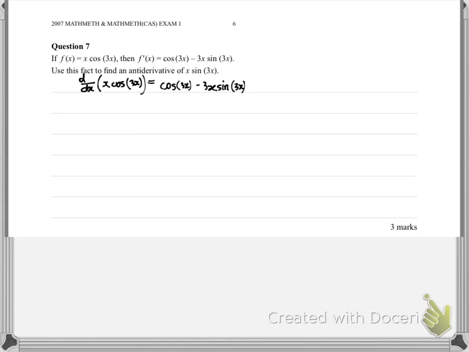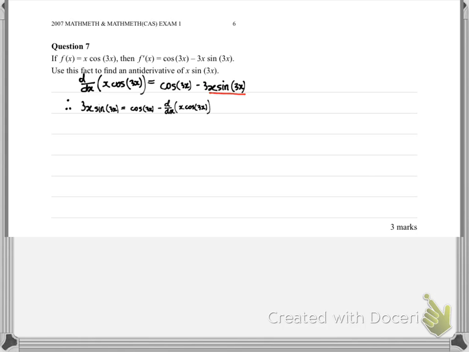And what's important to recognize from that is this part here is what we want to find the antiderivative of. So we've got to transpose for that part in our expression. There we go. Subtract the d/dx term over to the other side.